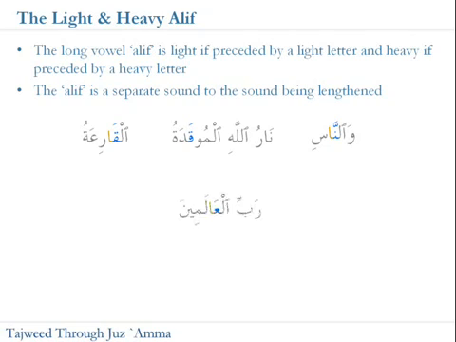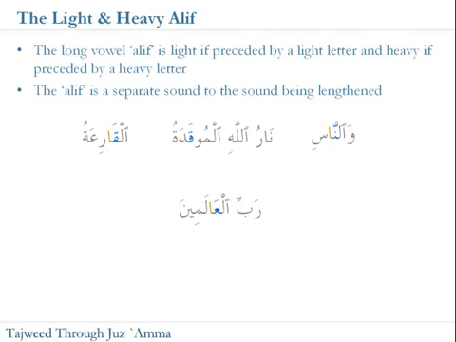Now, just to emphasize that the alif is separate, this line here, which is Rabbil Alameen. Okay, now the Ain has the sound of A, and then we have the alif.